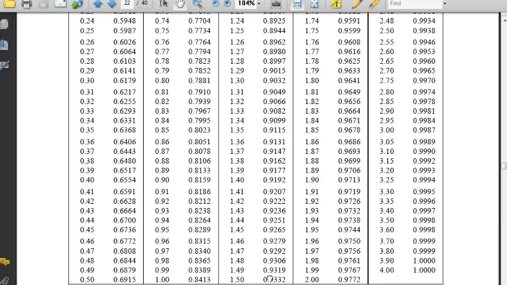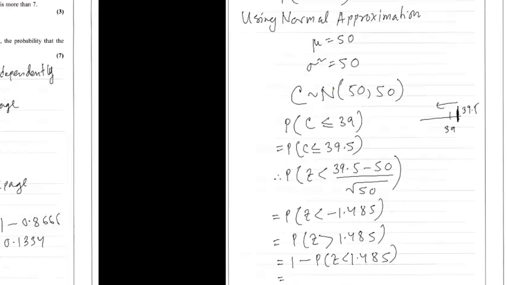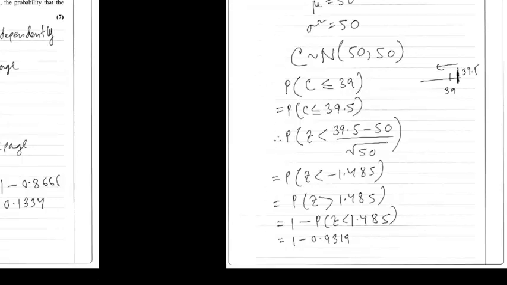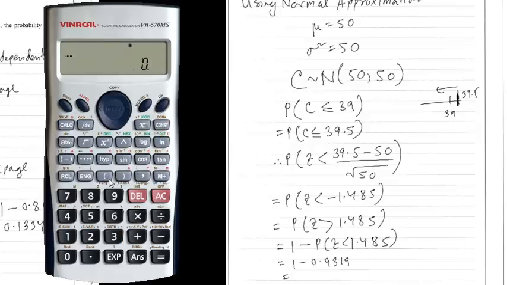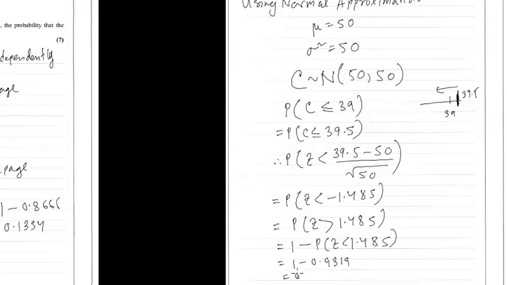That would be 0.9319. If we subtract this from 1, 1 minus 0.9319 would be 0.0681.